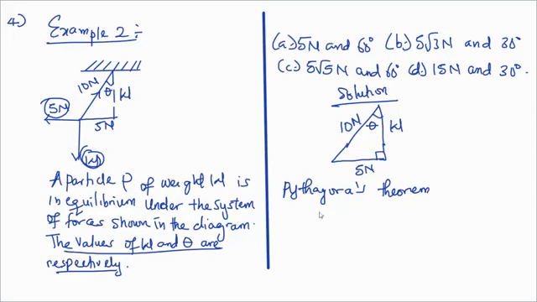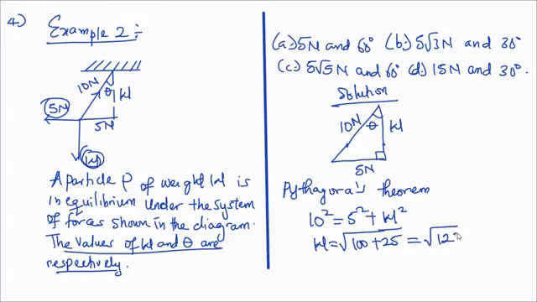Square of hypotenuse is sum of the square of the other sides. That is 10 square is equals to 5 square plus W square. We're looking for W. So W is the square root of 100 plus 25, which is equals to square root of 125. Now, your answer is in short form.